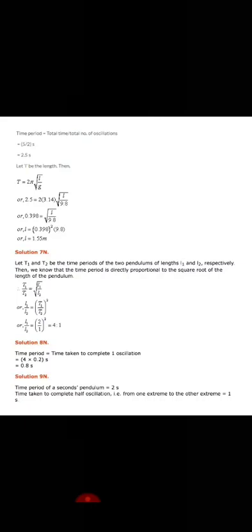So I get T1 by T2 the whole square is L1 by L2. Now simply substitute. T1 is 2, T2 is 1, 2 square is 4, 1 square is 1. You get 4:1.